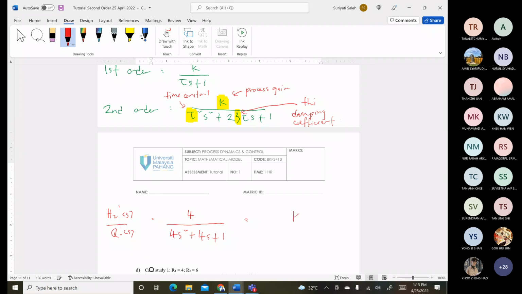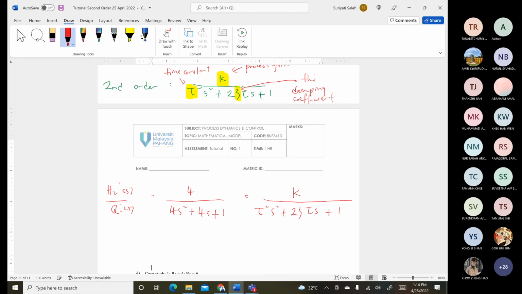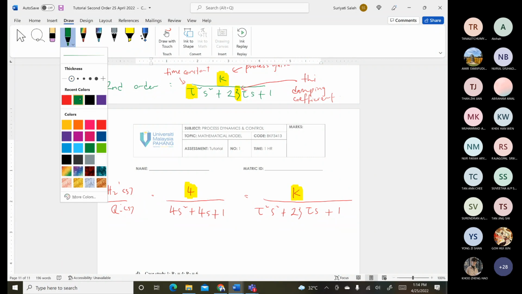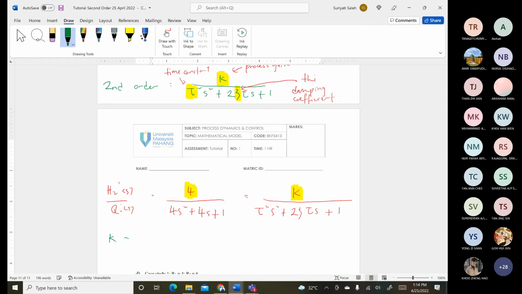We compare it with the standard form for the second order, term by term. For example, here we know that K is equal to 4. So the gain equals 4 directly.